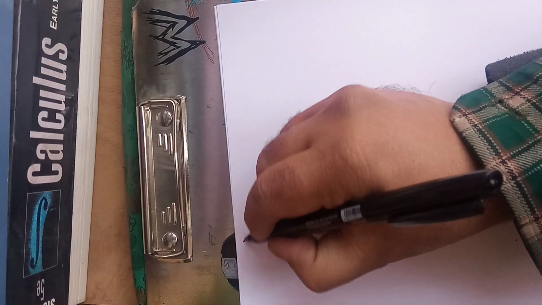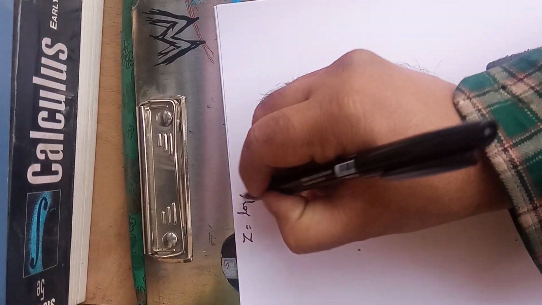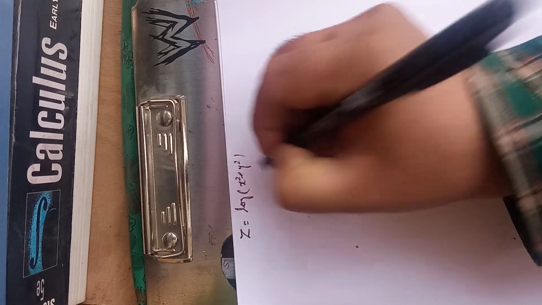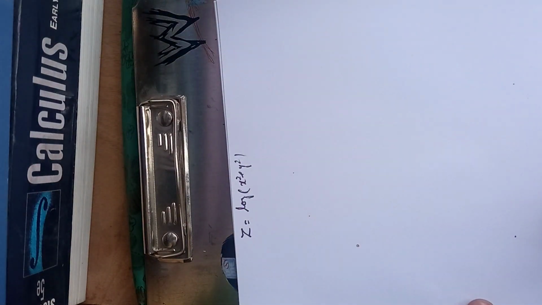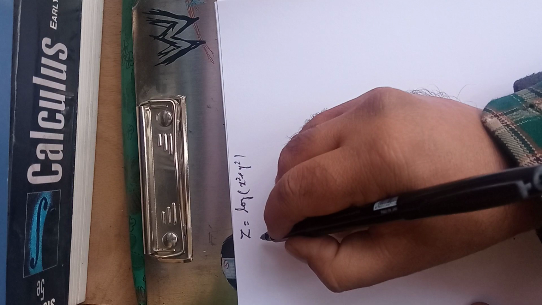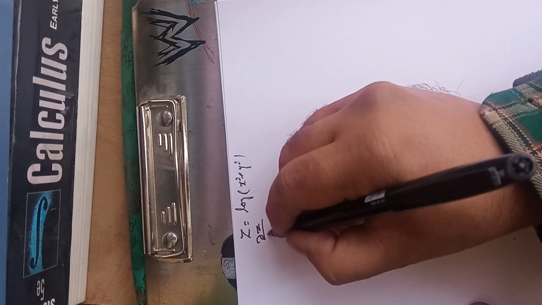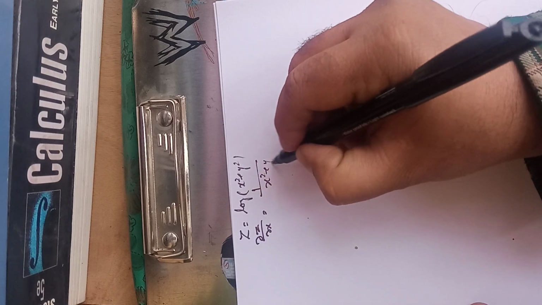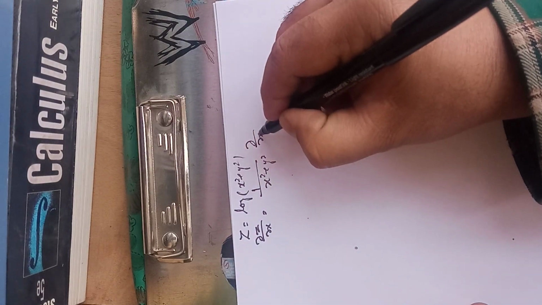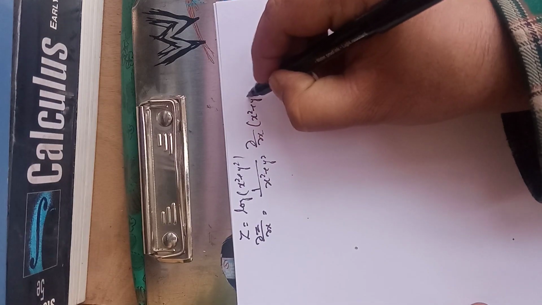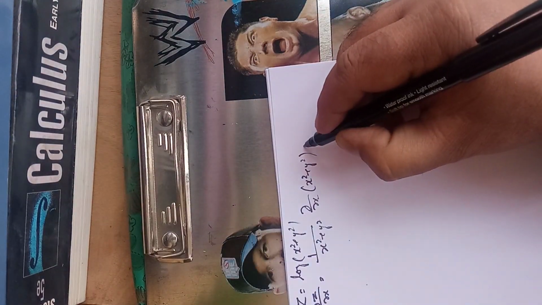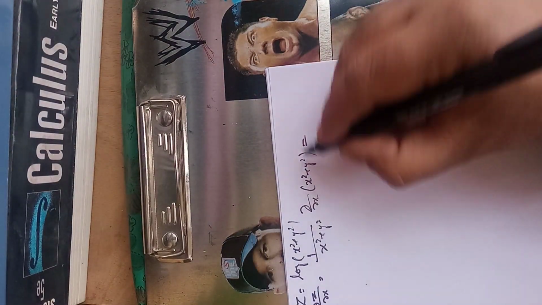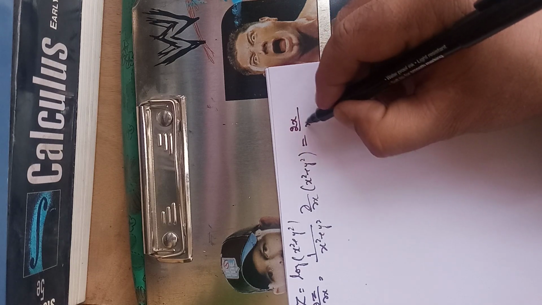Let me take one more example. If z is log of x square plus y square, z is a function of x and y. Now del z by del x: log of the function is 1 by the full function, then the derivative of the function with respect to x, which is 2x upon x square plus y square.